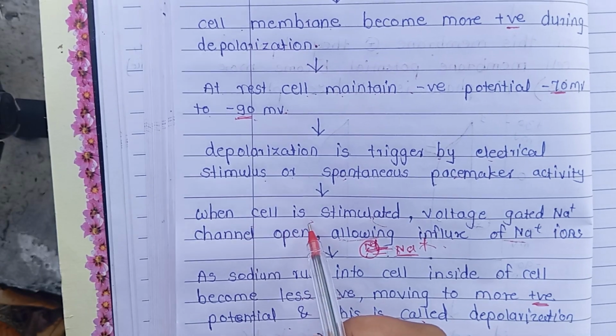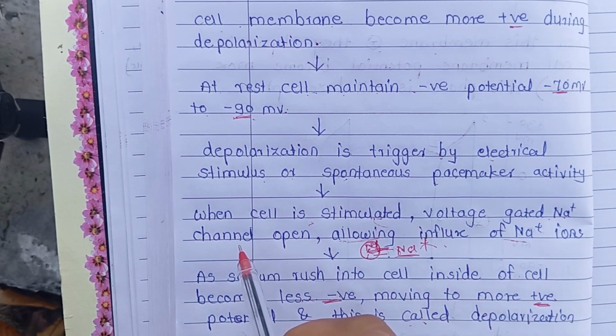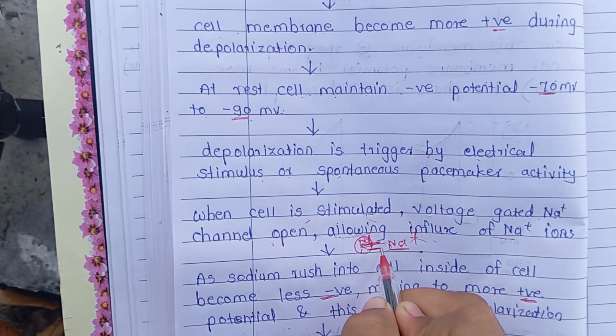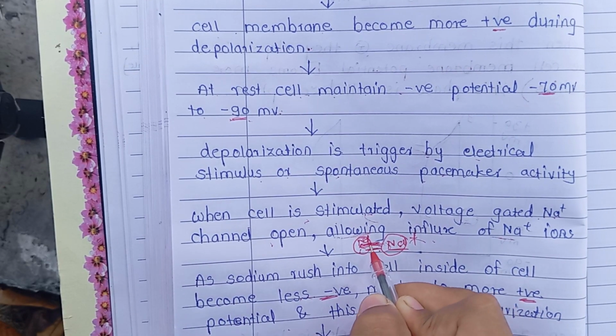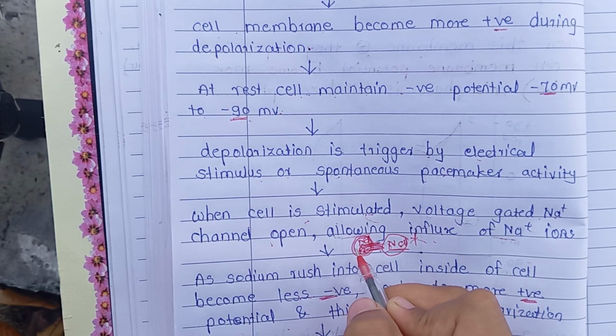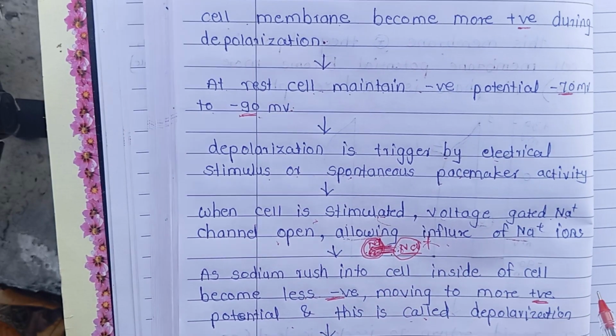When the cell is stimulated, voltage-gated sodium channels open. As the sodium channels open, sodium ions influx into the cell, and the inside of the cell becomes more positive compared to the outside.